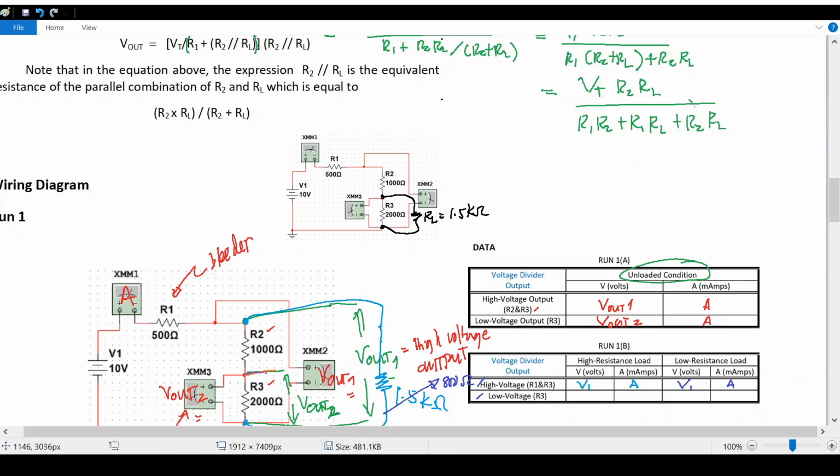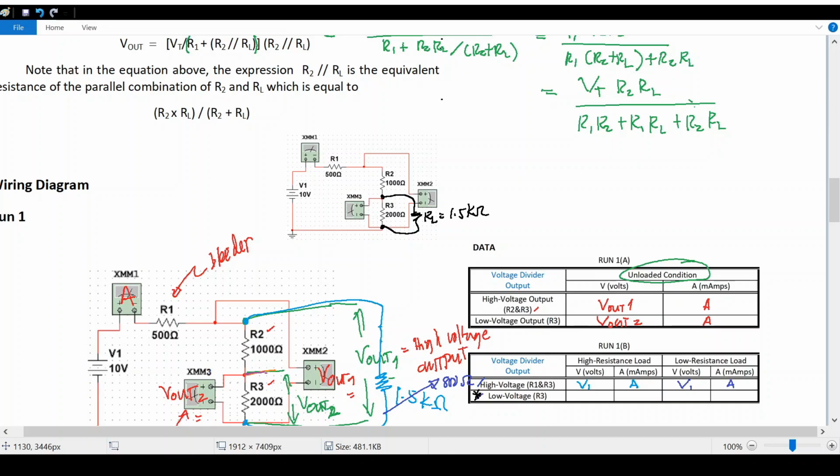This is the low voltage output, because for the 2 kilo ohm resistor, the voltage across it is less than the voltage across the series combination of the 2 kilo ohm and 1 kilo ohm. So the voltage here is low.